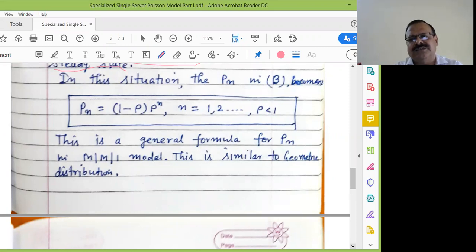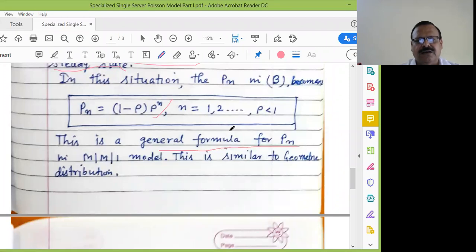Remember this mathematical term. Now, the final stage is known as a closed form general formula. Since this is a general formula, it is a closed form general formula. In this situation, Pn is equal to 1 minus rho times rho to the power n, where n is 1, 2, and so on. This is the general formula.